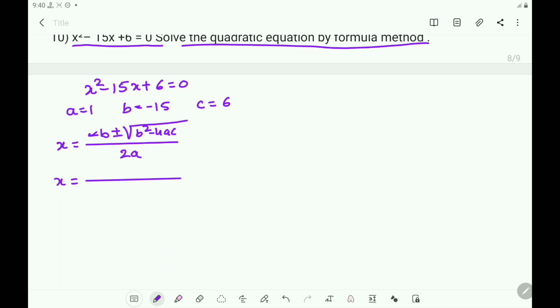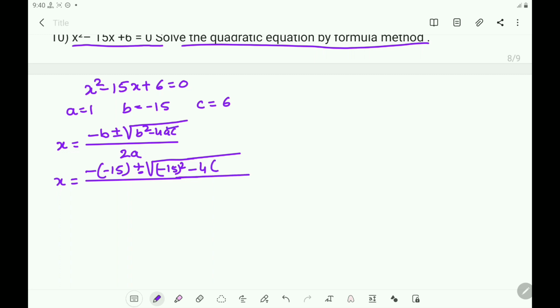Here you write minus as it is. Minus. Then what is the value of b? b value is minus 15. So you write that in the bracket. Minus 15. Then you write plus or minus. Then b square is there, that is minus 15 whole square, minus 4 is there, you write 4. a is there.